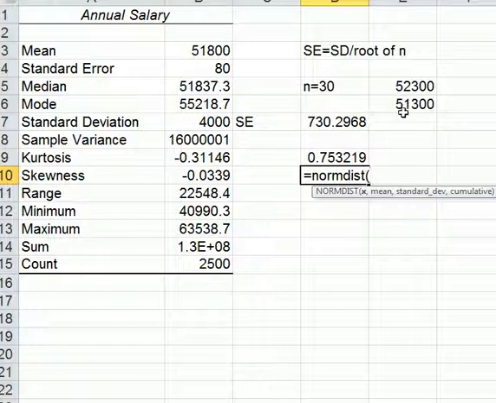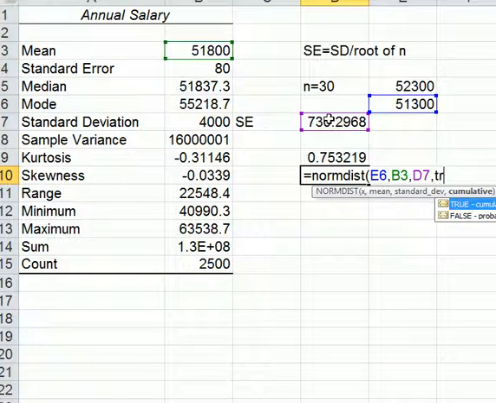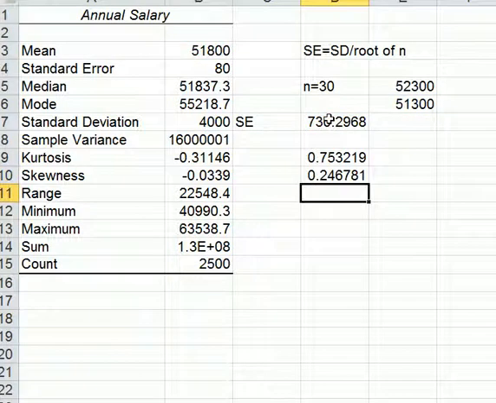Now we put in the first one here, comma, the mean again, comma, the standard error of our sample, comma, and then true. So it's between 0.2467 and 0.753. So go equals, let's subtract one from the other.